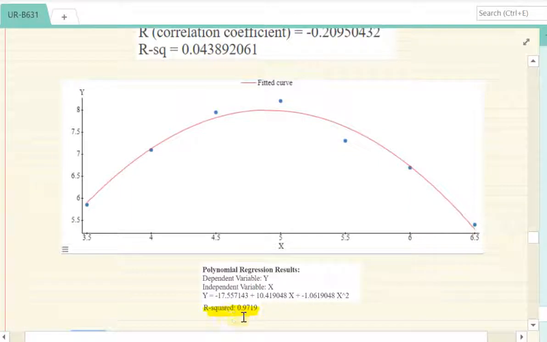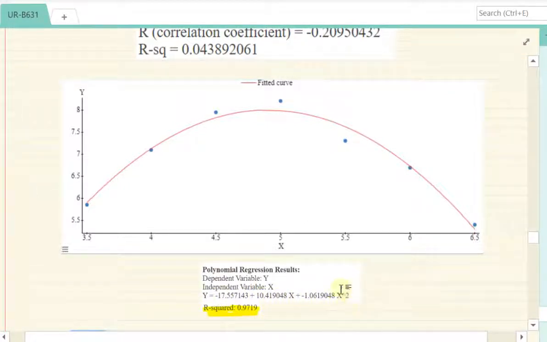Wow, look at the R squared here, 0.97. Now what is this R squared? We'll get to that in a few minutes, but this is a good thing. The maximum this number can be is 1. At 0.97, it means an almost perfect fit. Notice it goes through almost 4 out of 6 points. So that's pretty good.